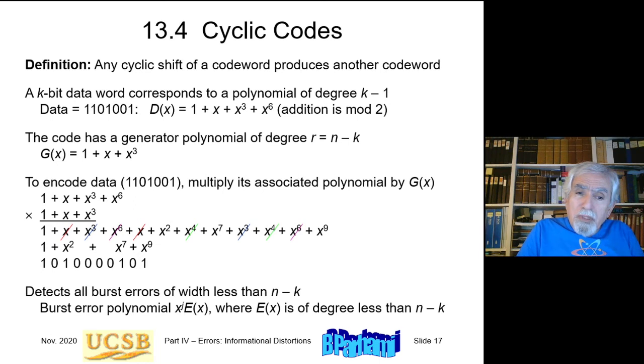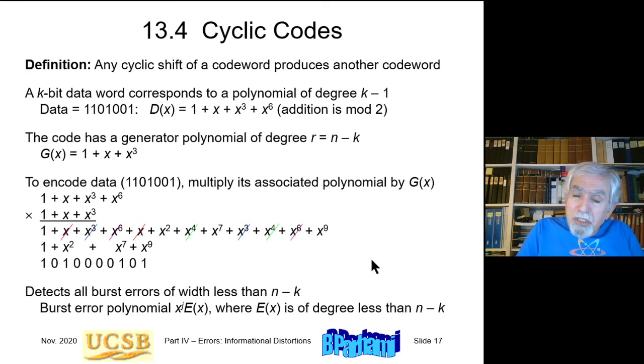Such a code detects all burst errors of width less than n minus k, or less than r. Because the generator polynomial was of degree 3, so r, or n minus k, is equal to 3, any burst error of size less than 3, in other words, burst errors of size up to 2, will be detected by this code.